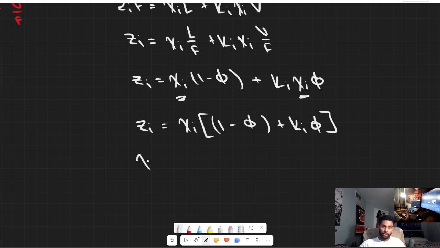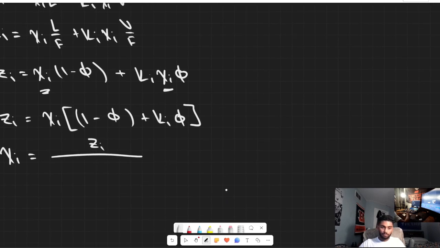So I'm going to rewrite this like xi is equal to zi over, and I'm pretty sure 1 minus phi plus, let's just write this out over here on the side. So 1 minus phi plus ki phi.